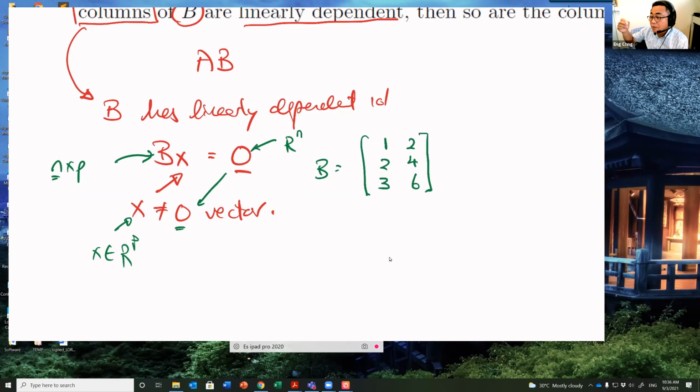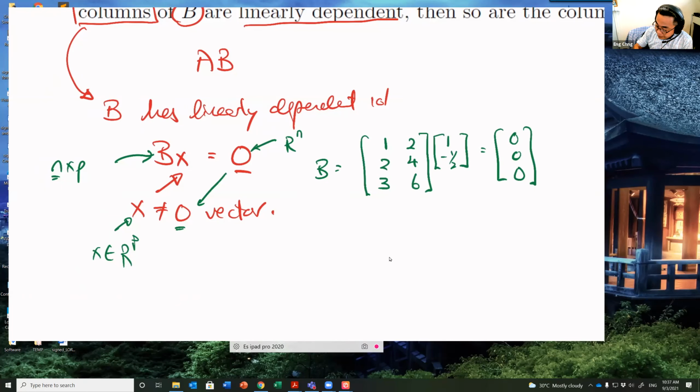You do not need to copy this down because I will post this on YouTube. Now, let's try multiplying by something non-zero such that I get 0, 0, 0. If I multiply the first column by 1 and the second column by minus half, then the right-hand side is 0, 0, 0.